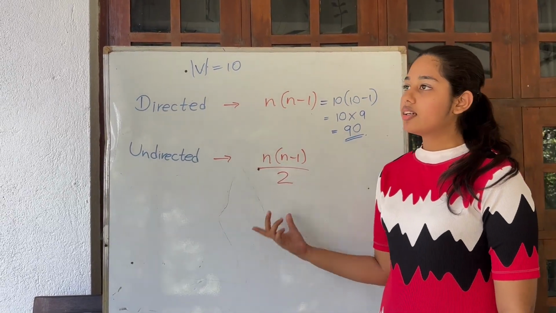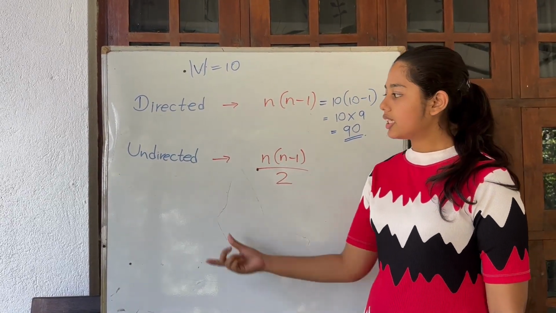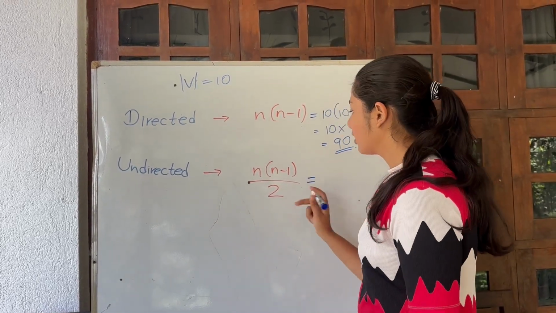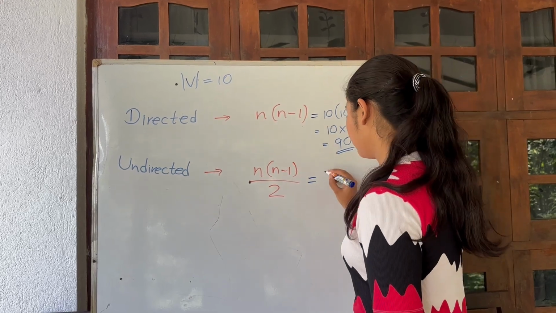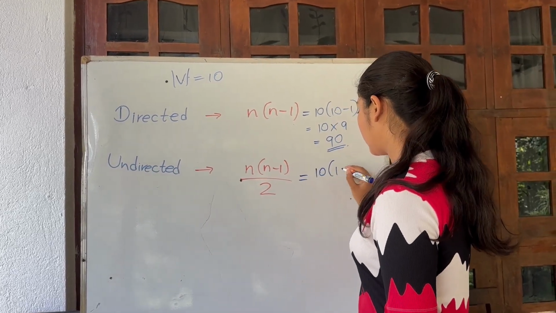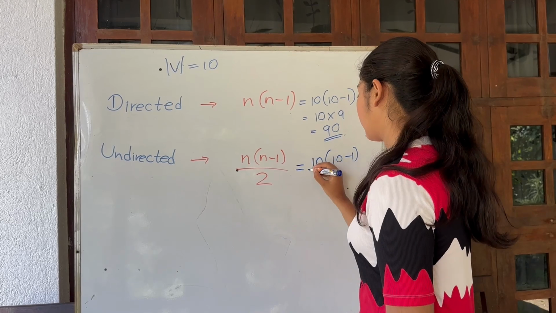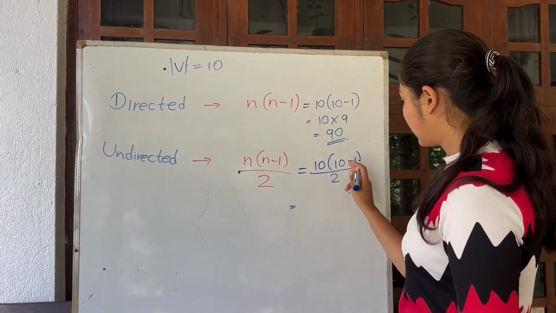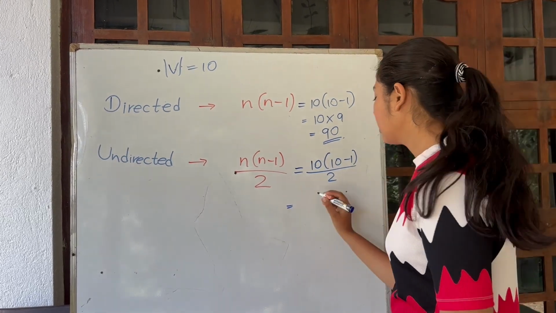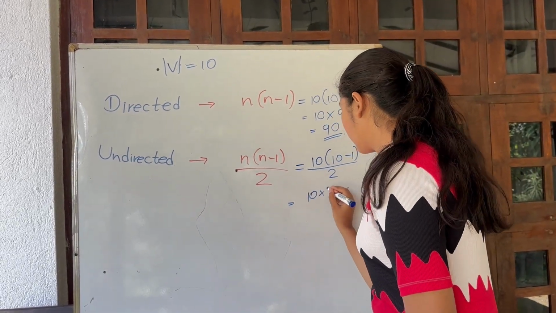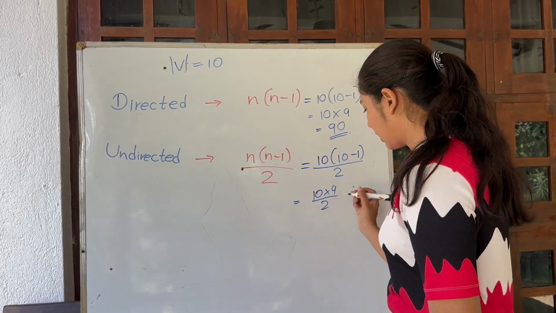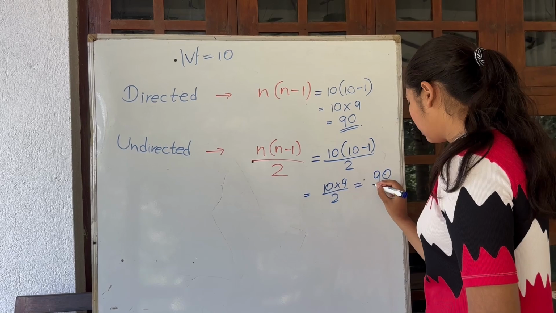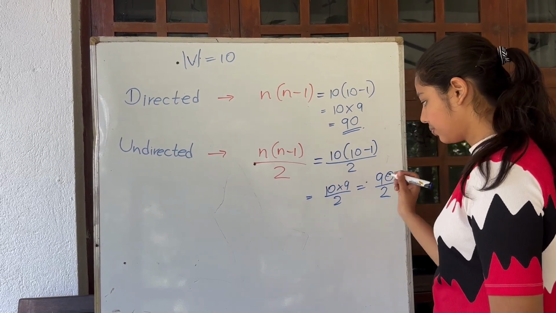Let's find the maximum number of edges in an undirected graph. Let's solve this. N equals 10. 10 into 10 minus 1 divided by 2. 10 into 10 minus 1 is 9. 10 into 9 divided by 2. 10 into 9 is 90, divided by 2.